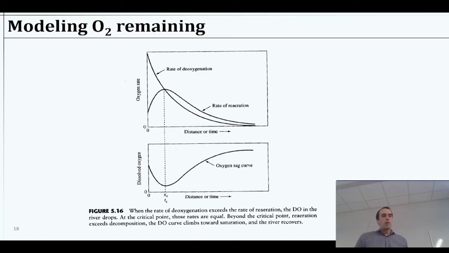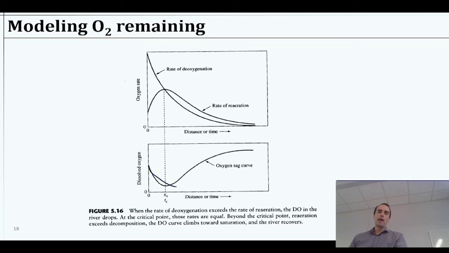So as we model the amount of oxygen remaining in solution, we can take a look at two things here. First of all, the rate of deoxygenation versus the rate of oxygenation, and compare that to the actual oxygen sag curve that I drew up earlier, right?